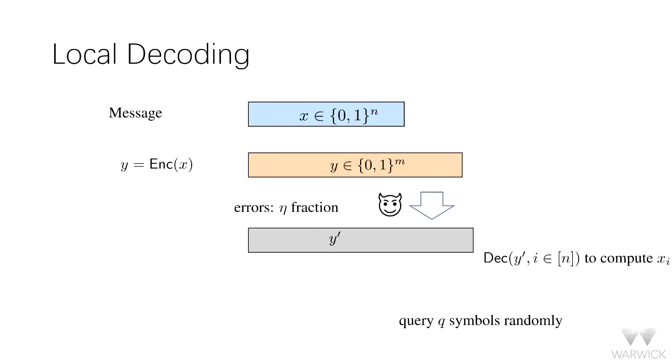It's called local because we only allow this decoder to query q symbols, usually random queries. Specifically, we require that with probability at least half plus epsilon, the decoder should output the correct bit x_i.